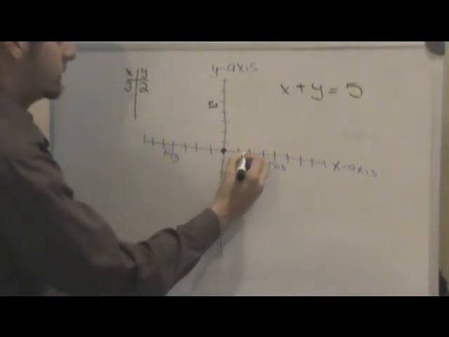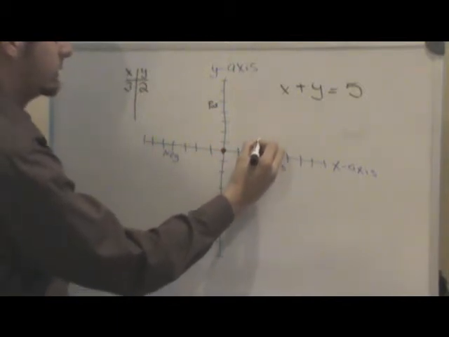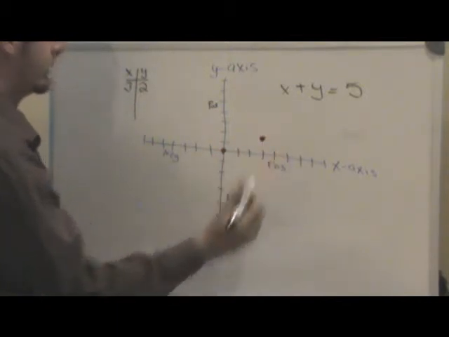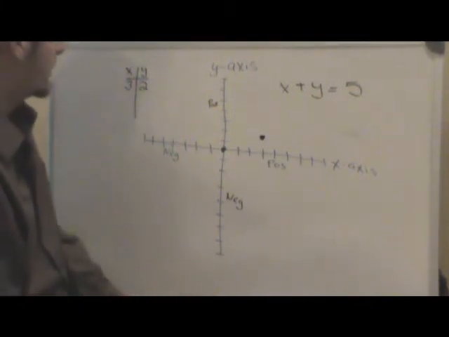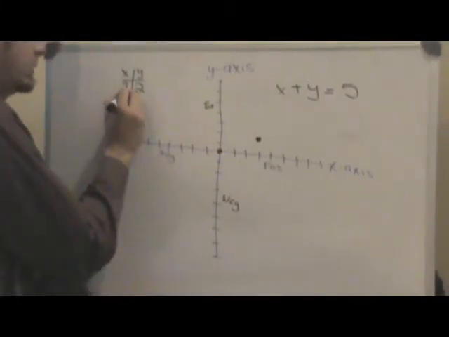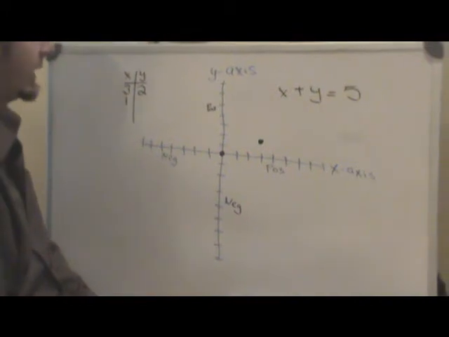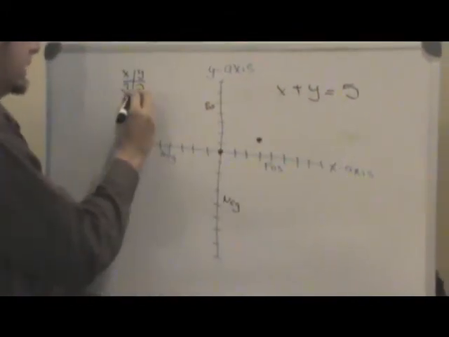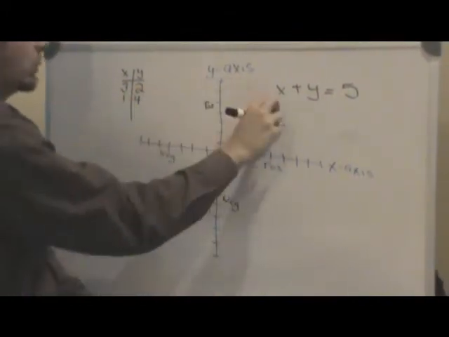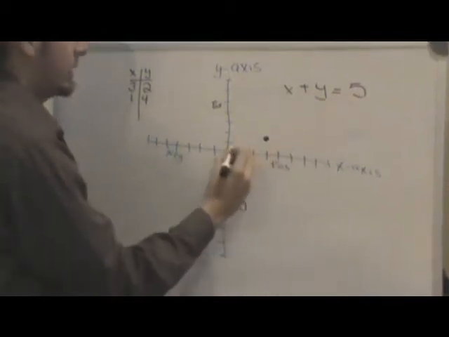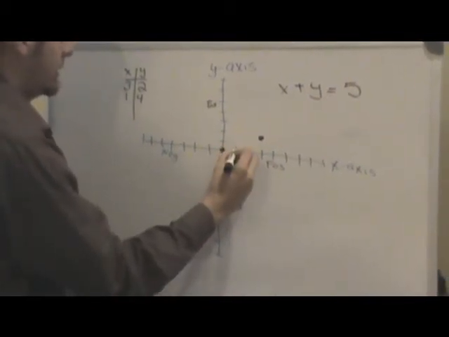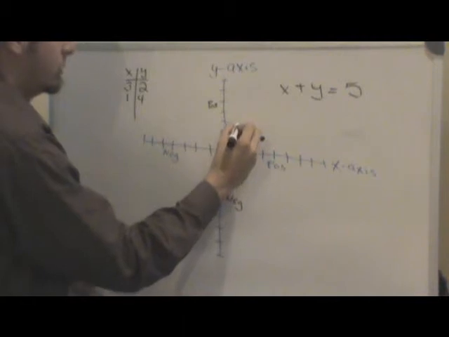So I'd move over 1, 2, 3, up 1, 2. Another point I could make, let's say I plugged in positive 1 for x. Then my y would have to be positive 4, because 1 plus 4 is 5. So I'd go right 1, up 1, 2, 3, 4.